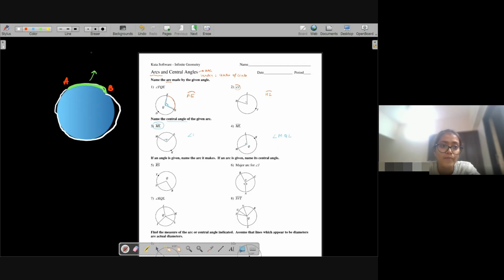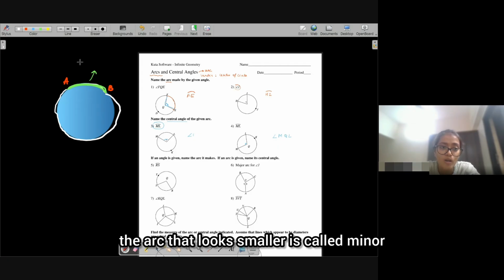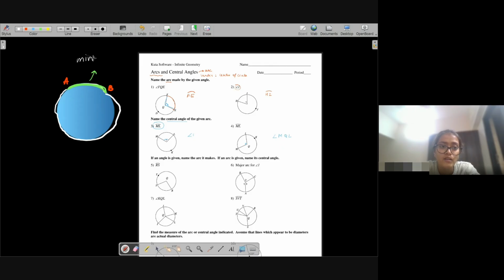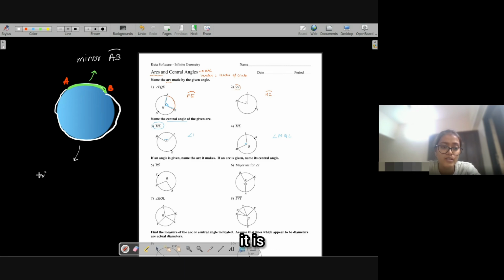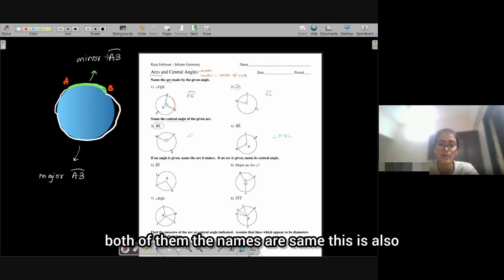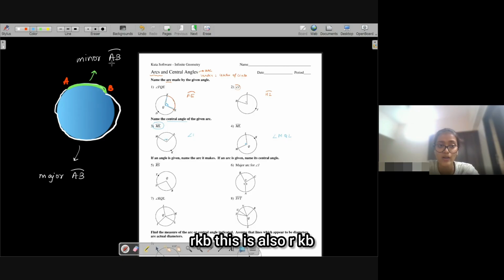So the arc that looks smaller is called minor arc AB. You will read it as minor arc AB. And the arc which is bigger is major arc AB. Both of them have the same name, but one is minor and one is major.